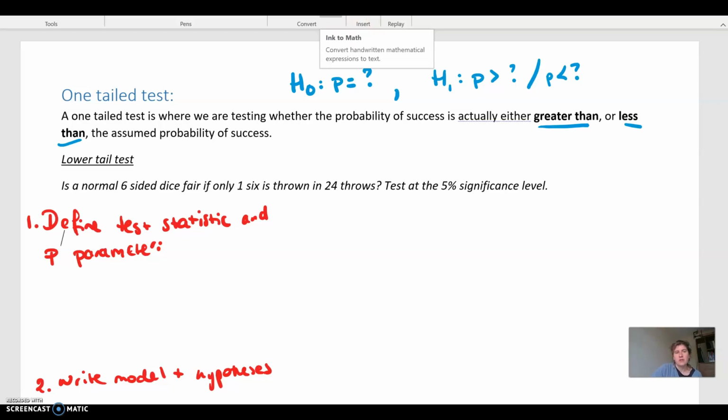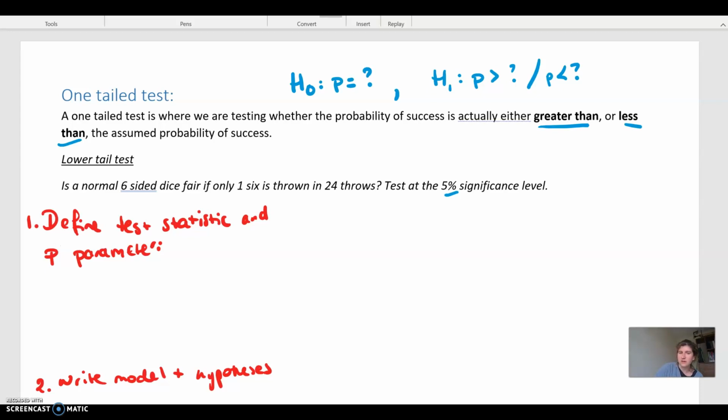So our scenario is that we've got a normal 6-sided dice. Is it fair if only one 6 is thrown in 24 throws? And we want to test that at the 5% significance level. So the first thing that we write down is what our test statistic is.